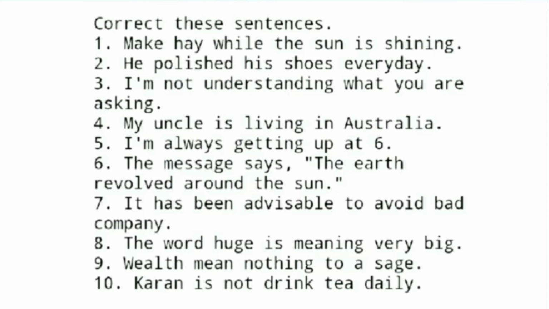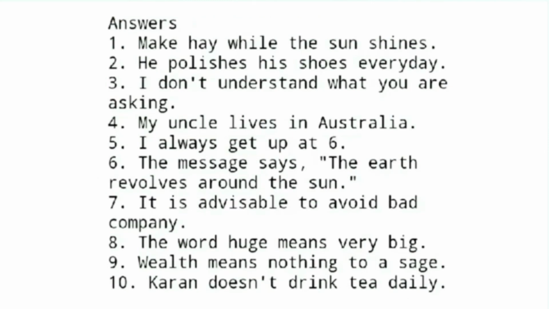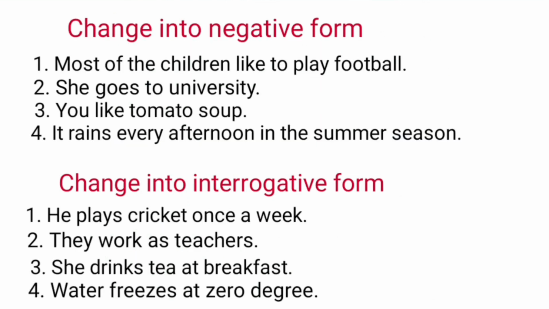The word huge is meaning very big. Its correct form is the word huge means very big. Now, pause the video and correct the remaining sentences. Then match your answers with the answers given ahead. These are the answers.